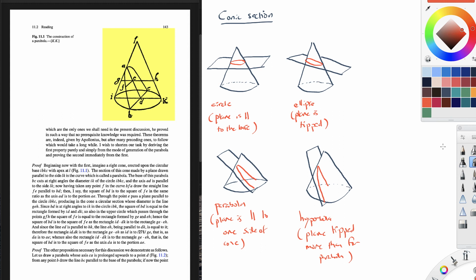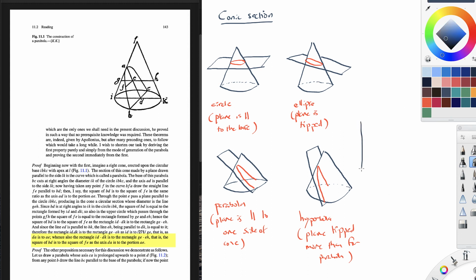And he's going to show that that curve BAC has the characteristics of what we call a parabola. Specifically, if you look at the bottom of the long paragraph in the proof, the very last sentence is: the square of BD is to the square of FE as the axis DA is to the proportion AE.